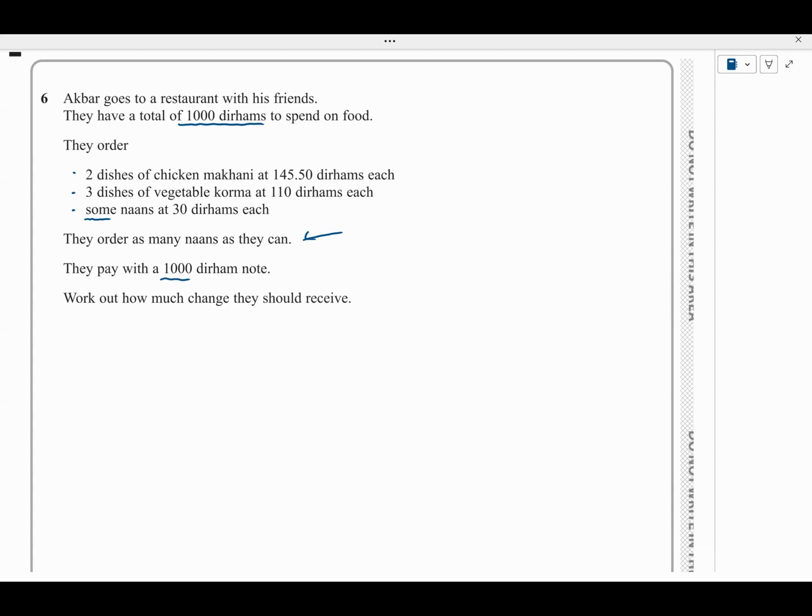Well, let's find out how many naans they could afford, shall we? We know that they're going to order 2 dishes of chicken, so we know that's going to cost them that much. And we know that they're buying 3 vegetable kormas, so we know that's going to cost them that much. So let's work out how much they've spent so far.